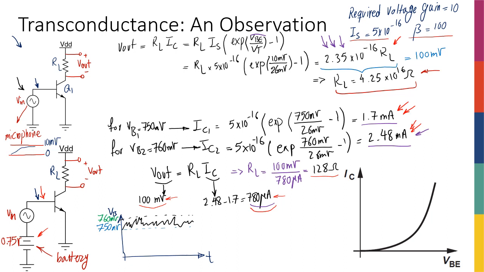Now, if I want to visualize all these discussions on the plot that I'm familiar with, which is the IC versus VBE plot, I would say that for the first circuit, I was operating at this region, right? My VBE was changing from 0, which is here, to, let's say here, 10 millivolts.